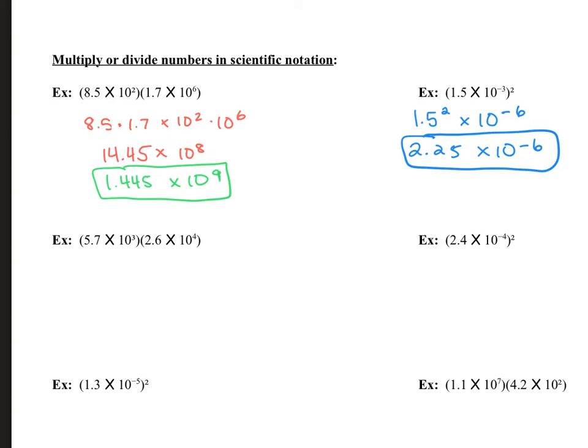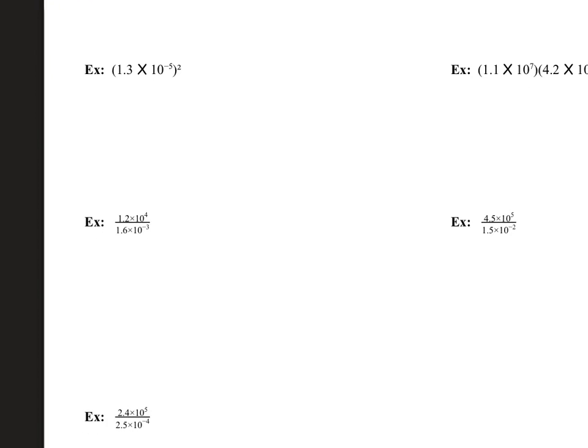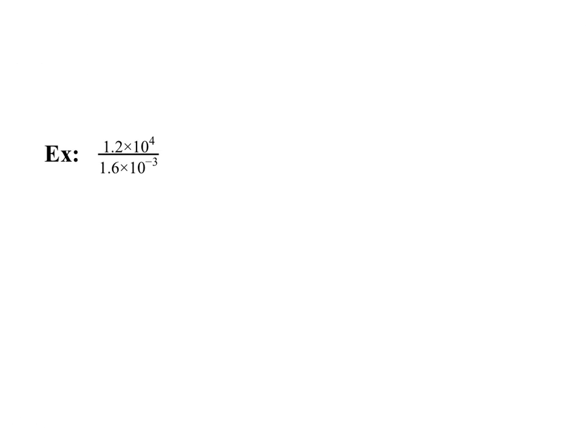So let's scroll down and let's do a division example. And so here I'm dividing 1.2 times 10 to the fourth divided by 1.6 times 10 to the third. And so what I'm allowed to do is I'm allowed to divide 1.2 by 1.6. I could either do that in a calculator, or I could say 1.2 divided by 1.6 would be the same as dividing 12 by 16, which would reduce to, if I divide top and bottom by 4, 3/4, which is 0.75.